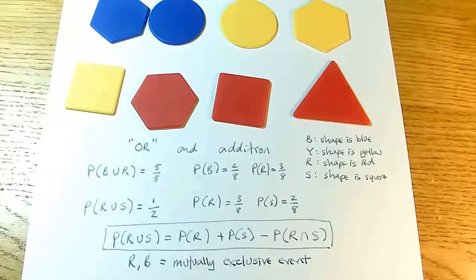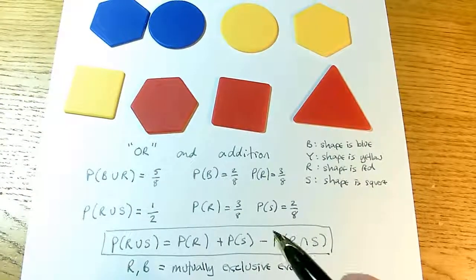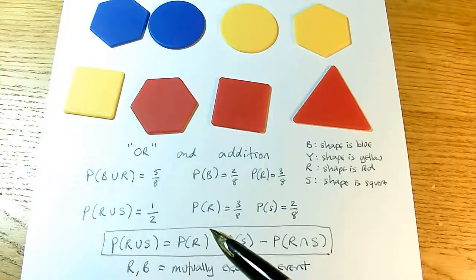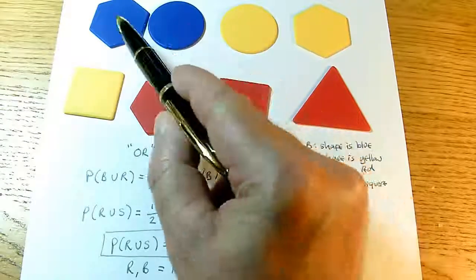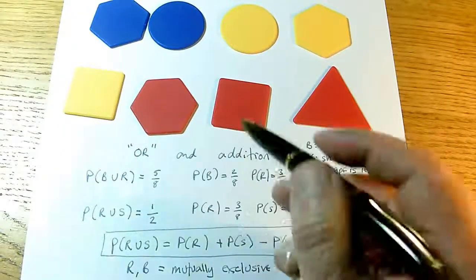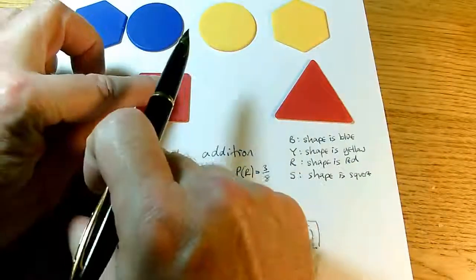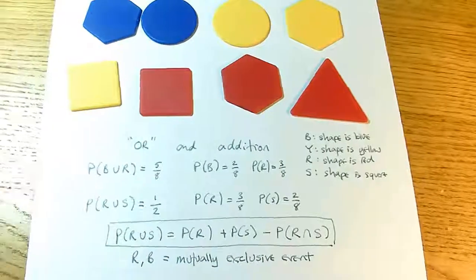But there are some other examples of things that just happen to be mutually exclusive. So in this particular case, the events B and S are mutually exclusive because here are my 2 blue shapes and neither of them happen to be squares. So my category of blue, those 2 there, and my category of squares, don't happen to overlap.